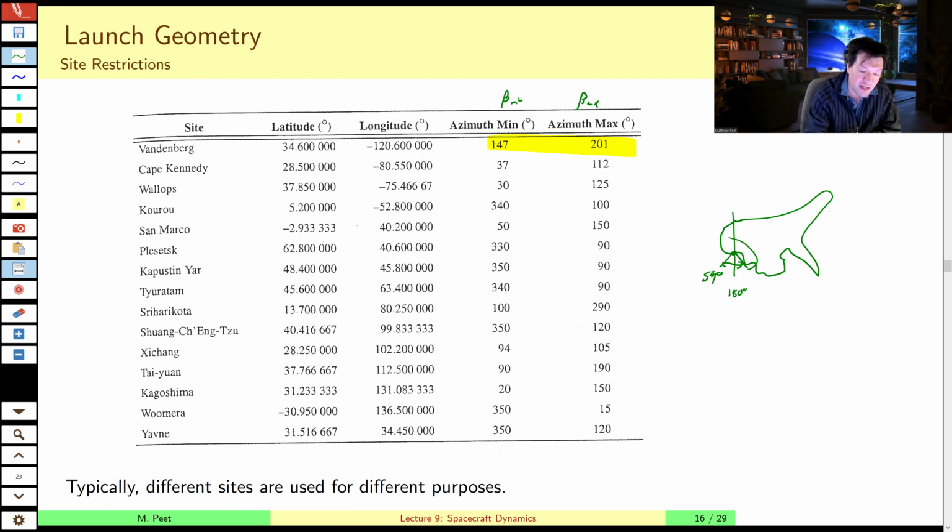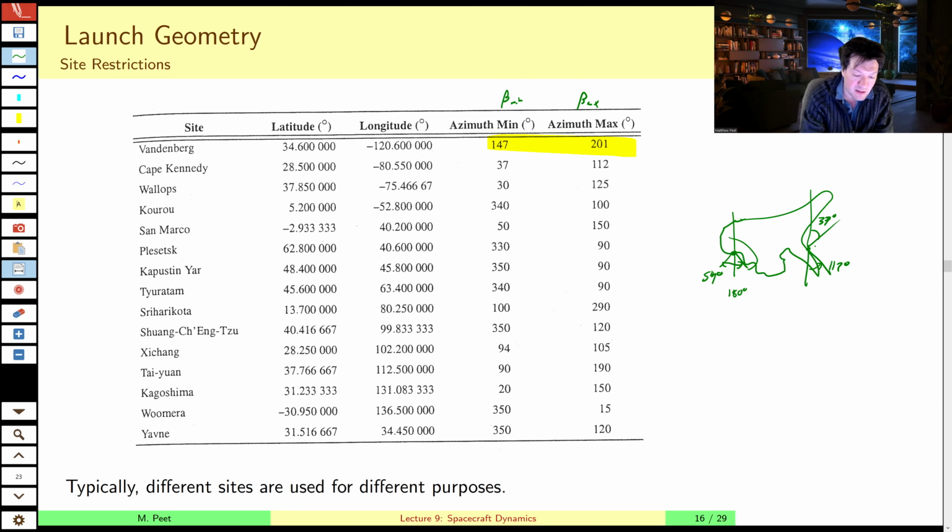Likewise, if we're launching from Kennedy over here, we're measuring again from the vertical, so 33 degrees down. So there's 37 degrees down, all the way down to 112 there. Now, if we're using the definition on the previous slide, we would have to subtract 180 degrees, so we would get some negative angles when we did that correction.